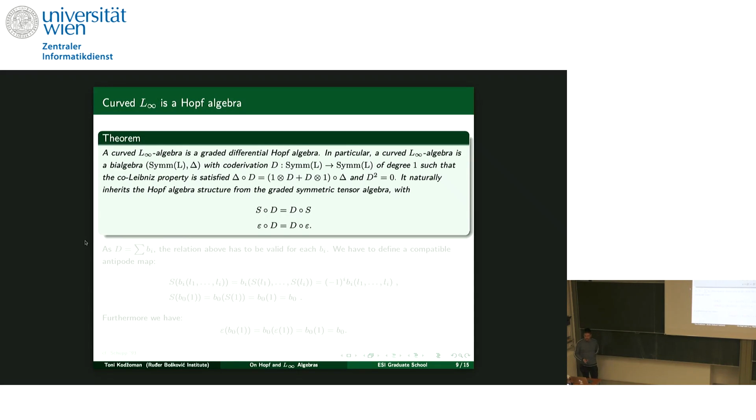It naturally inherits the Hopf algebra structure from the graded symmetric tensor algebra, and the antipode map and the co-unit satisfy compatibility relations. What's important to note here is that when we do have a Hopf algebra, the antipode is basically its defining feature and not something that brings about new limitations or restrictions to the algebra.